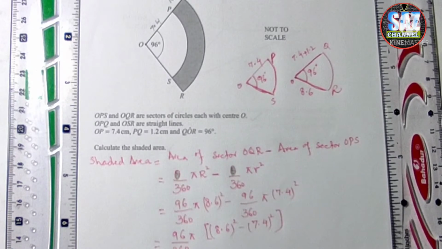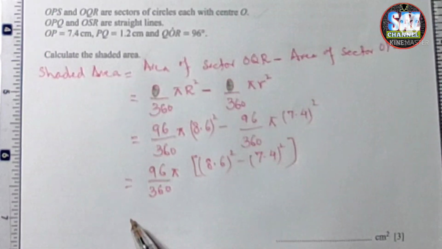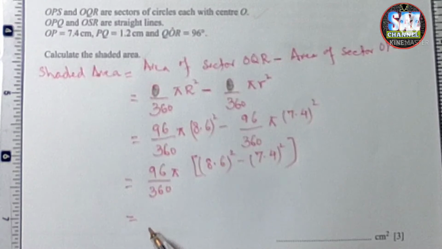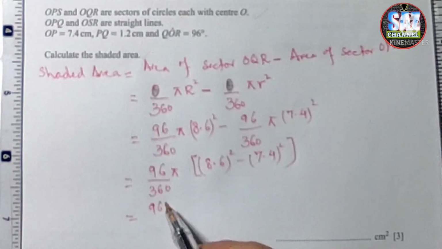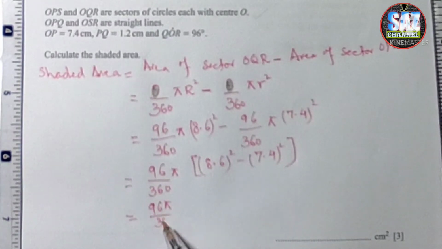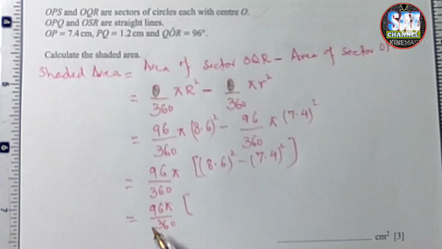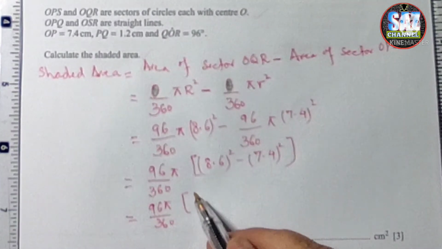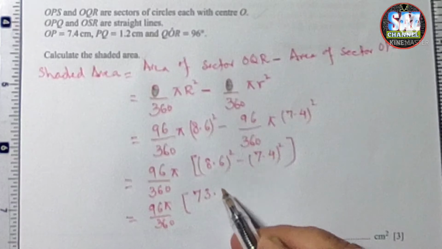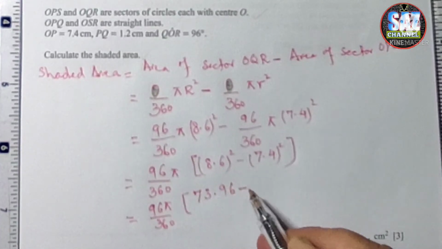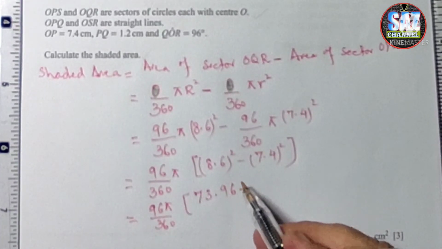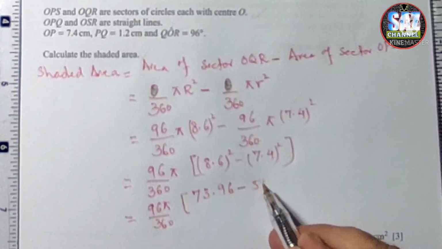And then I will be replacing the value of pi at the end. 96 pi by 360, and 8.6 square, 8.6 multiplied by 8.6, gives me 73.96, minus 7.4 square, which is 54.76.